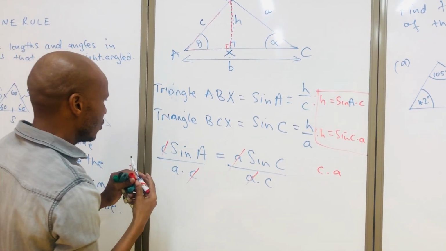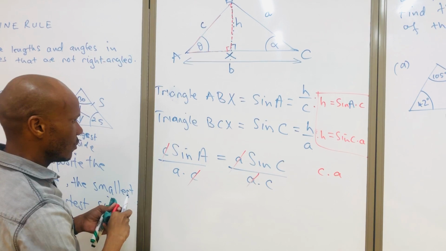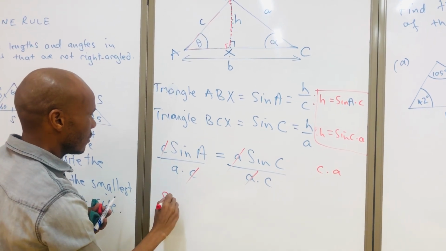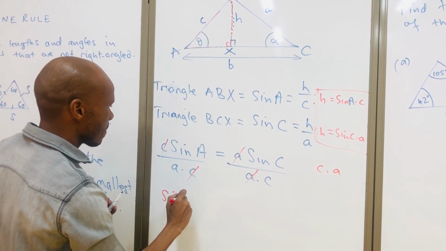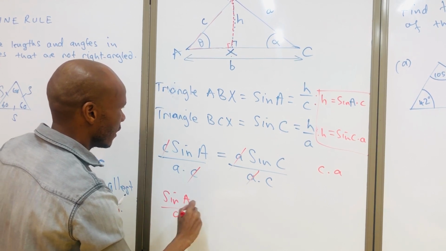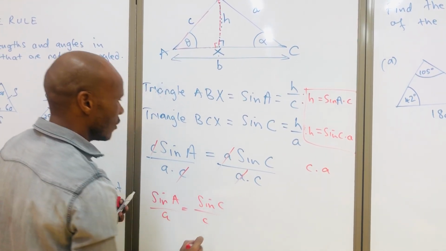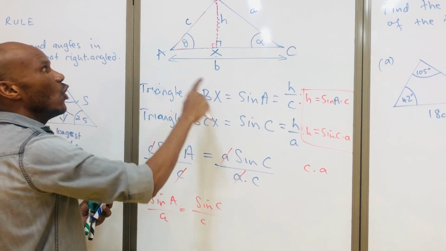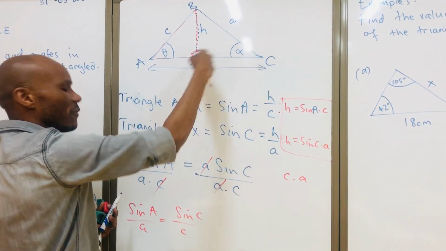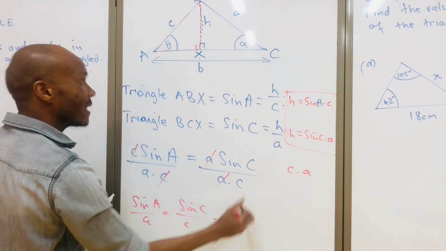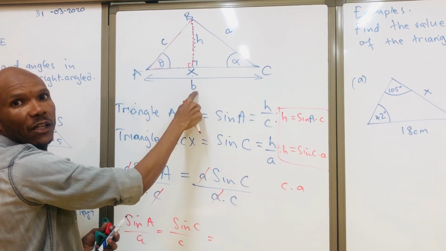So you are going to have sine A over a, which is equal to sine C over c. But that will be the same for the other side also, like we said there.